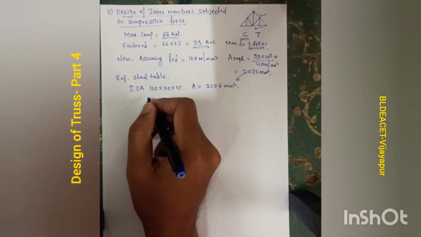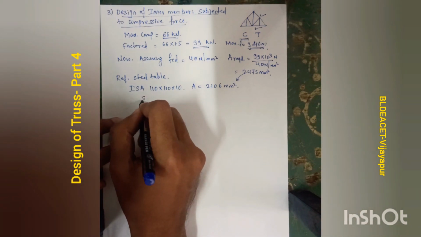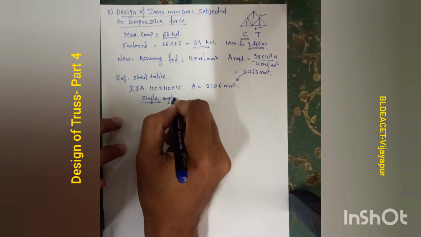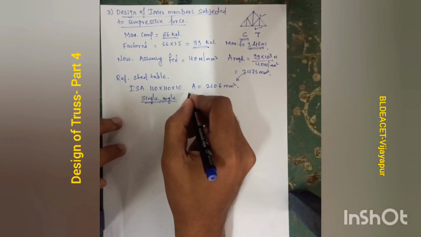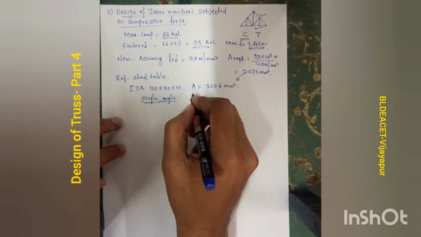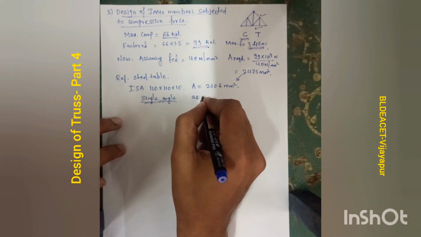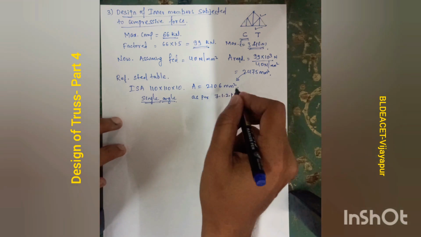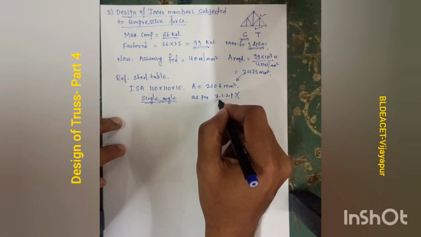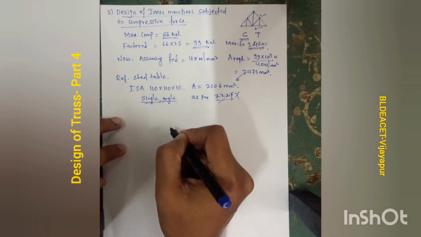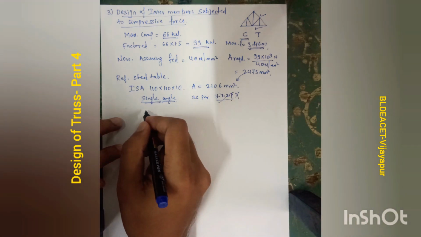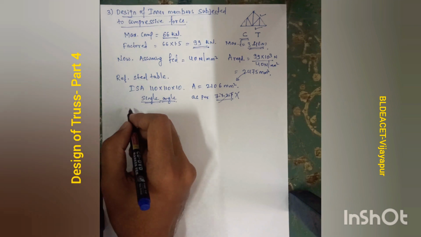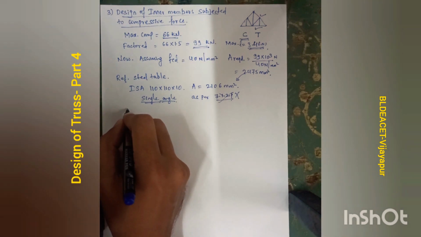Okay. Now since this is a single angle, we cannot calculate the compressive stress as per 7.1.2.1. Since it is a single angle, it will be eccentrically loaded.